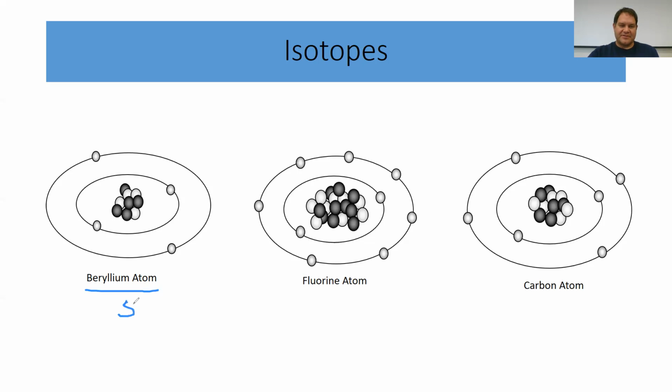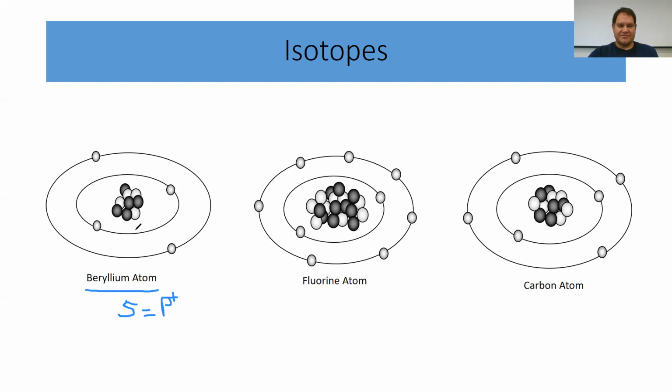Therefore the atomic number gives us the number of protons, if you remember. So this is going to also equal the number of protons in our nucleus. All right, and all beryllium atoms must have 5 protons.